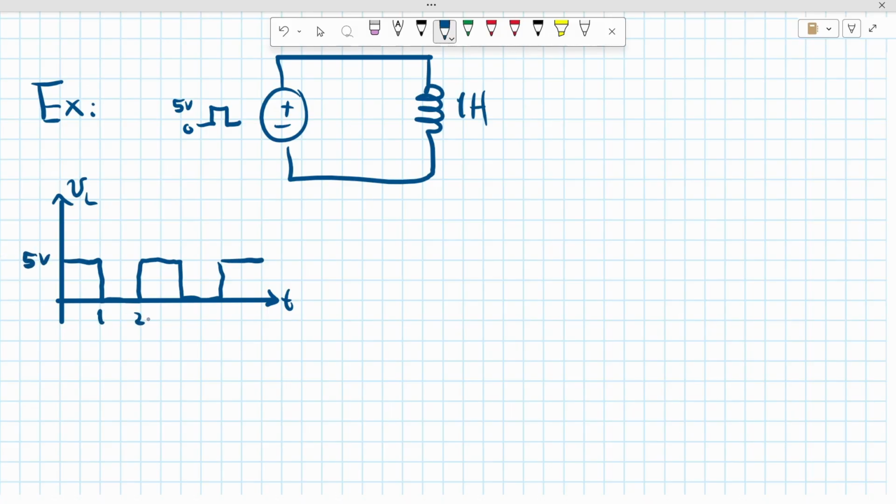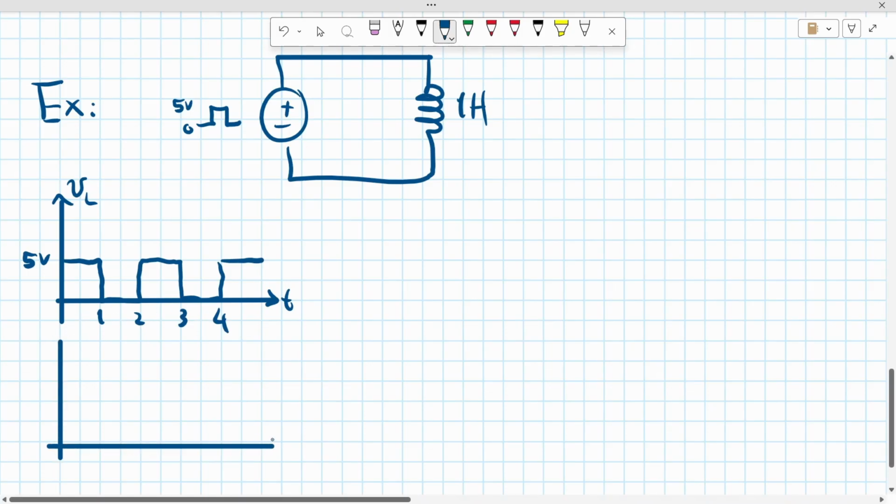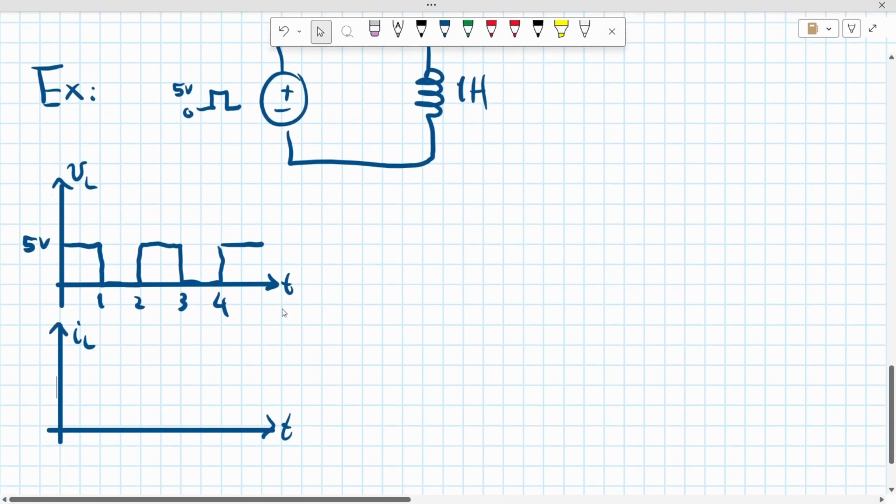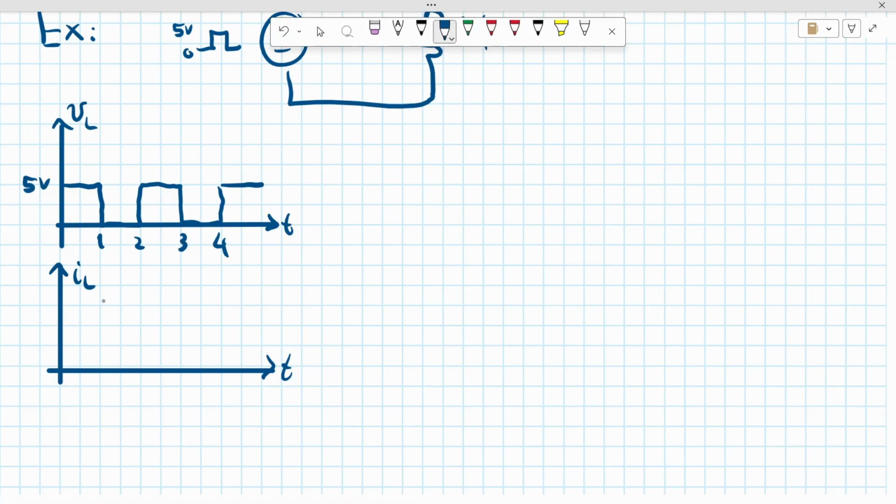This is 1 second, 2 seconds, 3 seconds, 4 seconds. Right? So the inductor current would look like this. I want to get to something. Bear with me. I know this looks trivial, but I want to get to something.